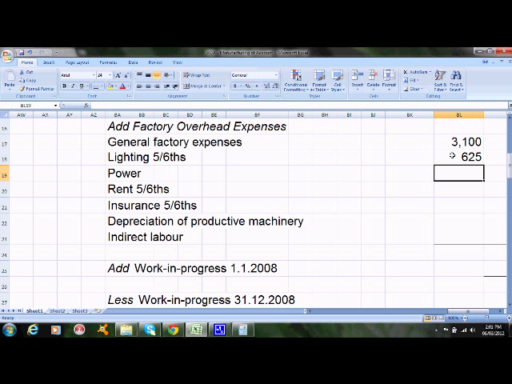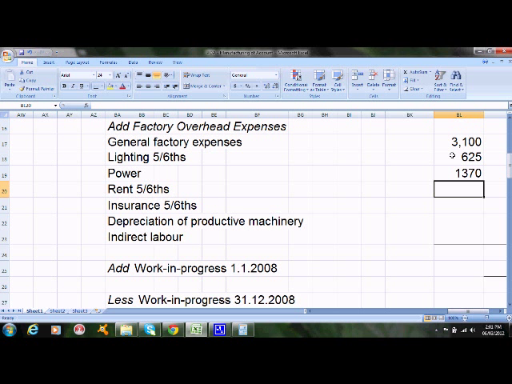Now we go to power, which is 1,370, right? Yes. So we take the full amount right there. Next thing we do is rent, 5/6 again, and the rent was 1,200, something like that.